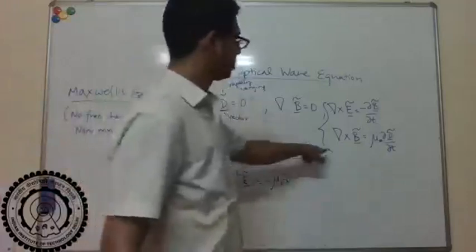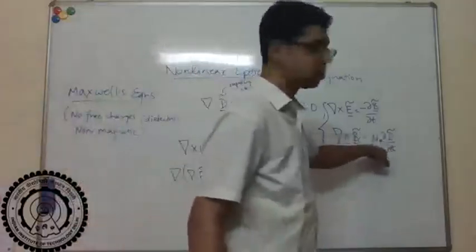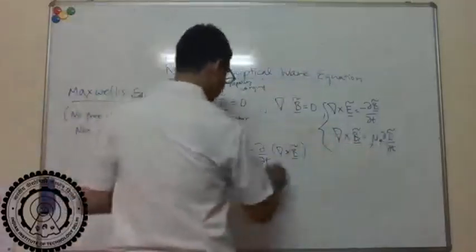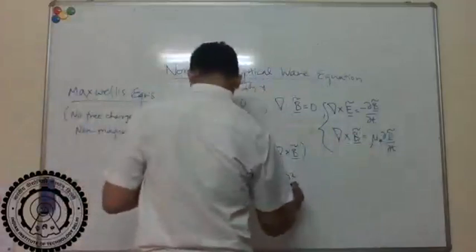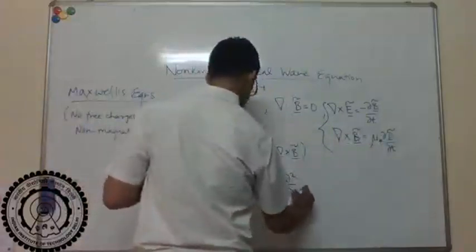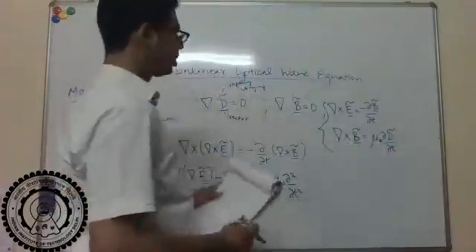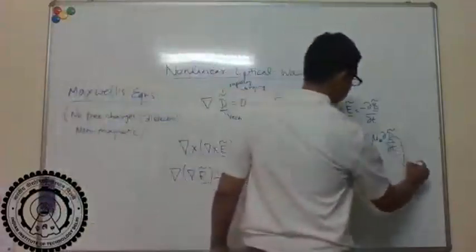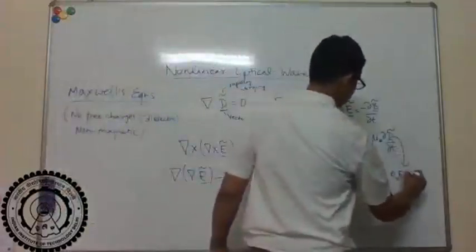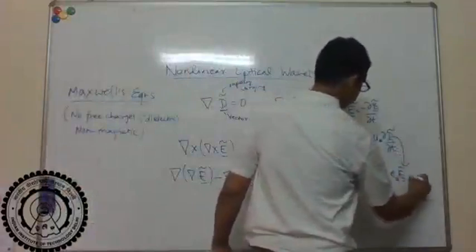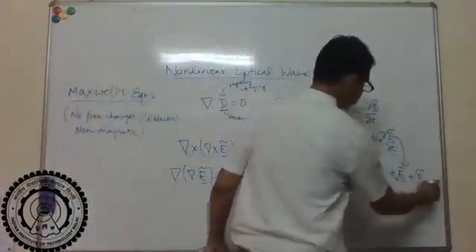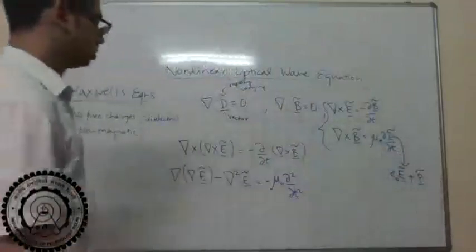And here for del cross B, we put mu naught del D by dt. So you get a double derivative in time now. And then also D, we know that I can write as epsilon naught E plus the polarization. Right.